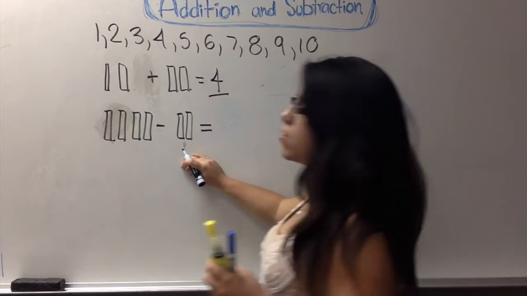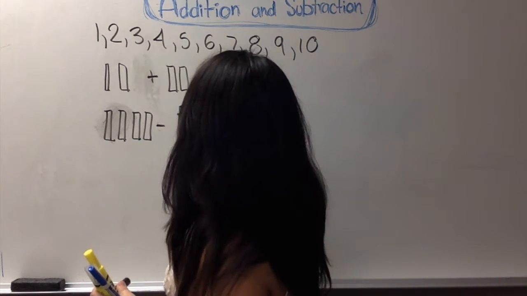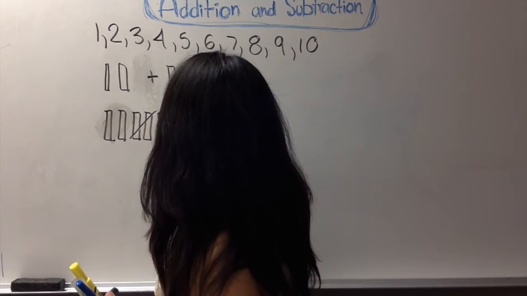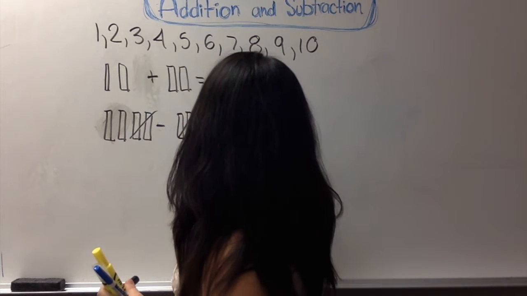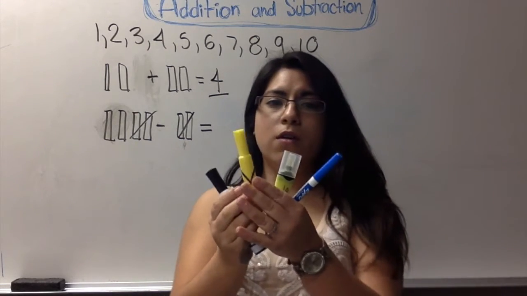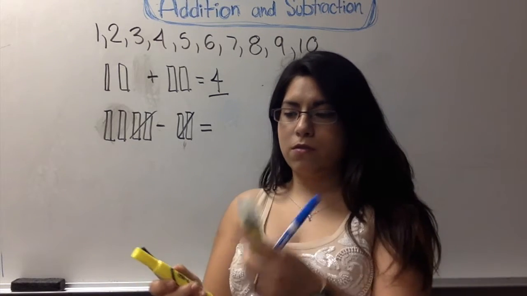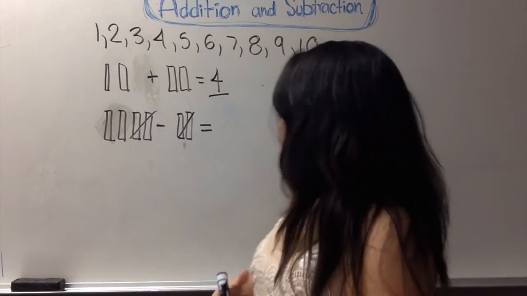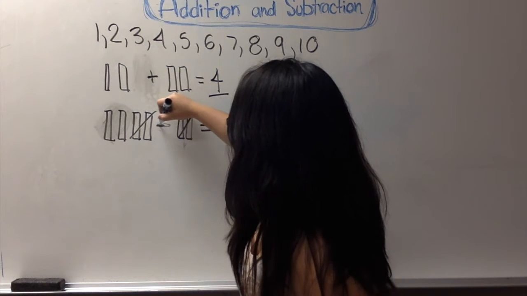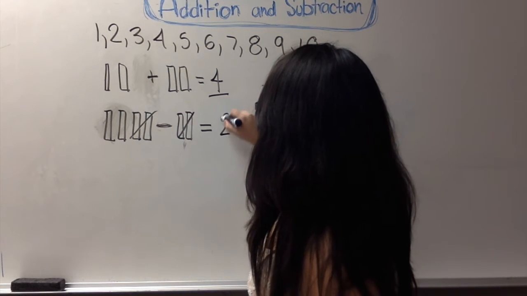How many did she have left? You had 4, and now you're going to take away 2. So now you end up having, you had 4, you took away 2, now you have 2, right? It's 4 minus 2 equals 2.